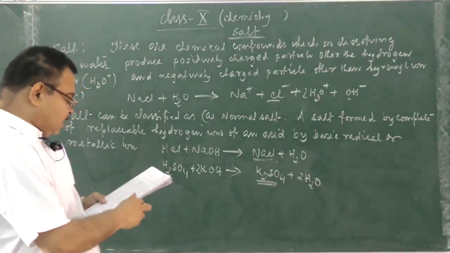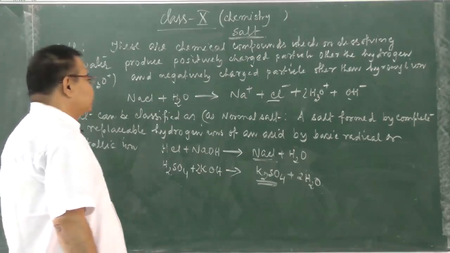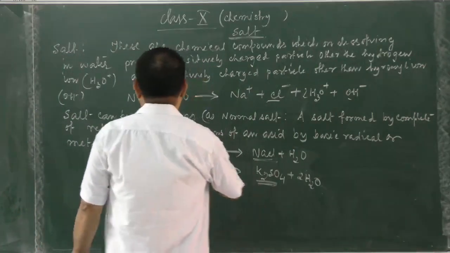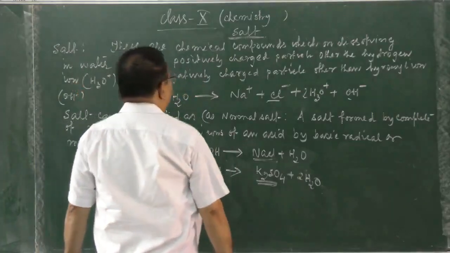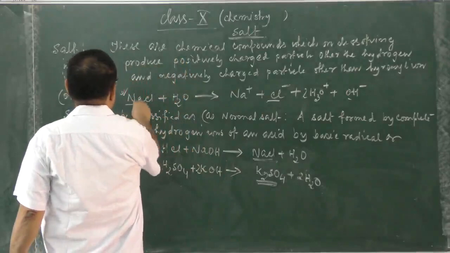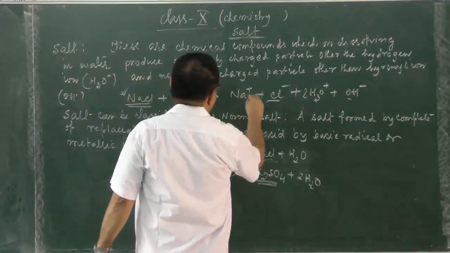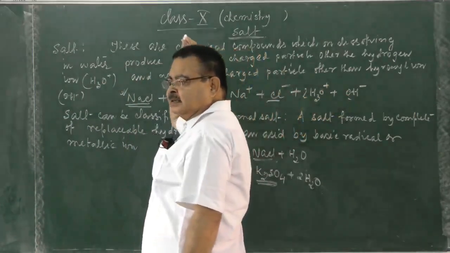These salts, on dissolving in water, dissociate into their constituent ions. For the example I have given, NaCl, when dissolved in water, dissociates into its constituent ions.